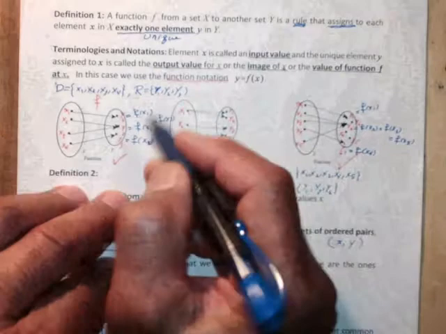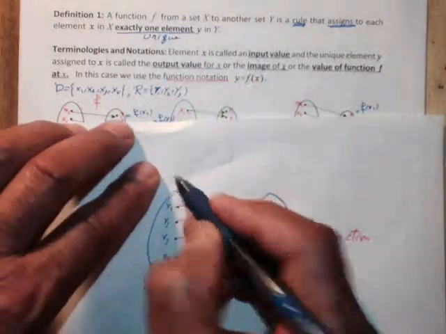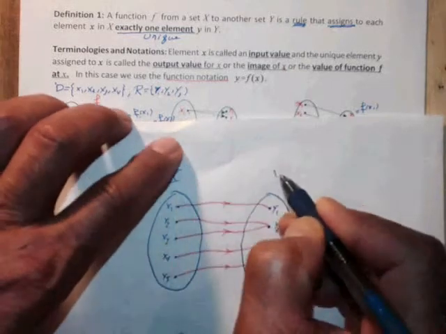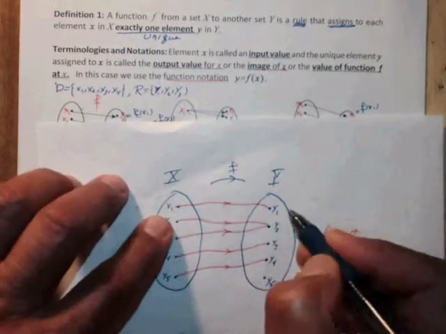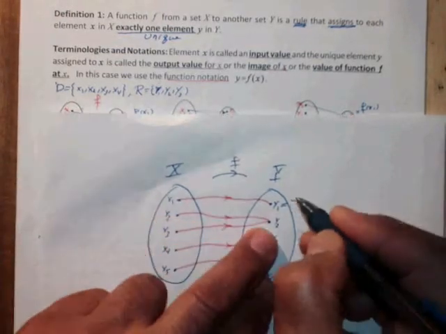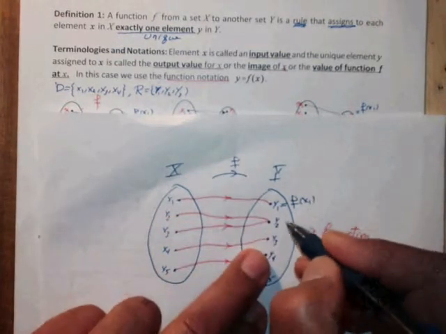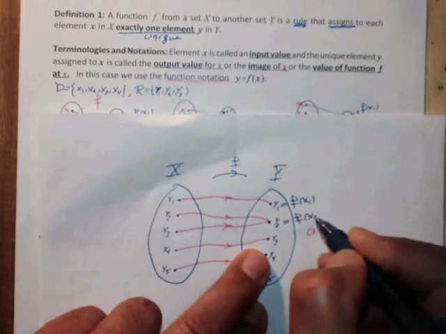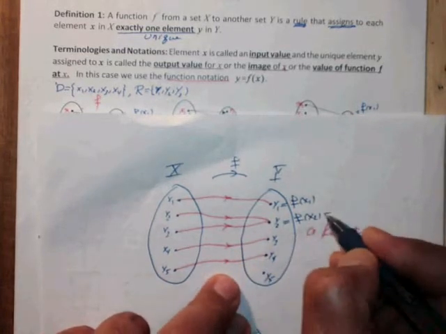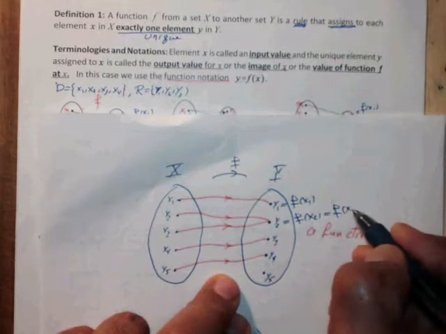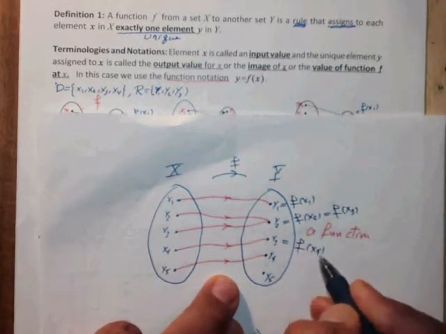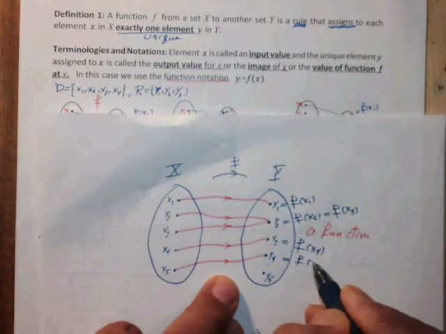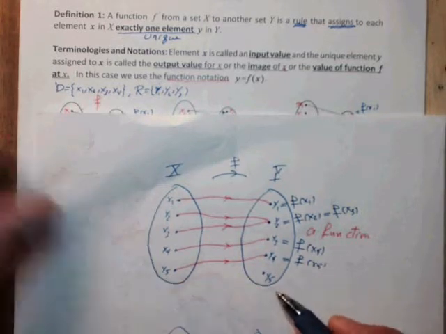For example, if I go back to this diagram, this is my set x, this is set y, and this is function f. You see, y1 is f of x1, y2 is f of x2, and it is also f of x3. y3 is f of x4, and y4 is f of x5. y5 is f of nothing.